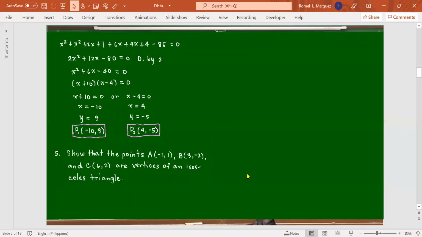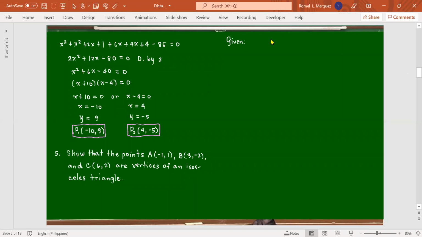Do you have any question? So let us have this number 5. Show that the points A, B, and C are vertices of an isosceles triangle. So A is -1, 1, B is 3, -2, C is 6, 2. Okay? Now, first, let us illustrate the problem.